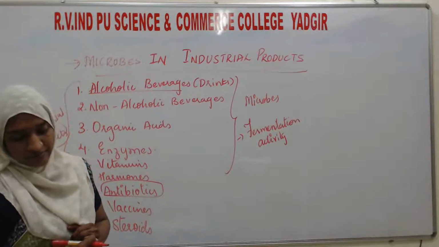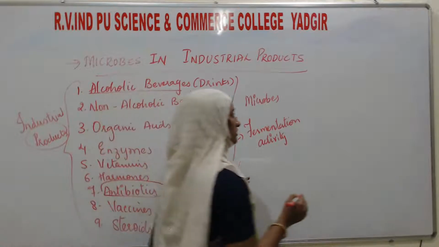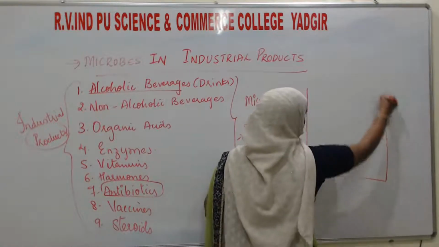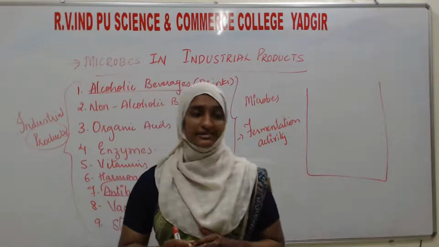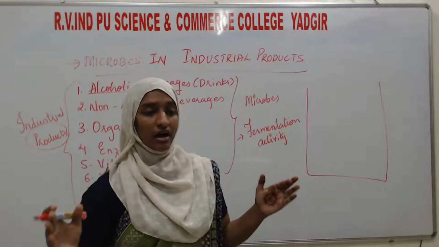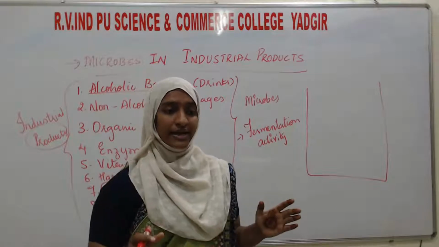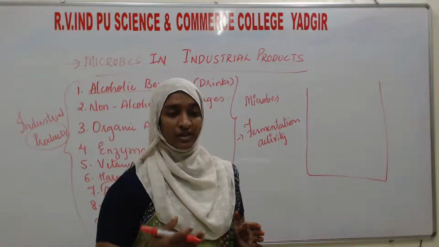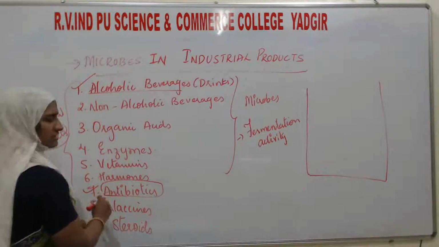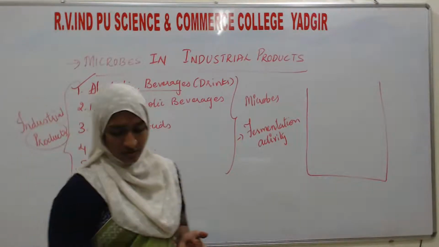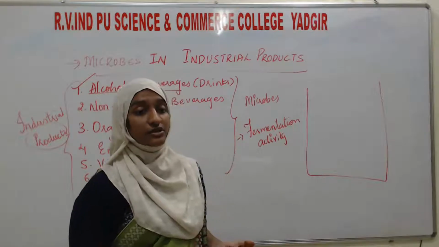And the containers which are used are very large, made up of stainless steel. Those large containers located in the industries are used for the production of alcoholic beverages, antibiotics and some others, where the fermentation activity takes place.